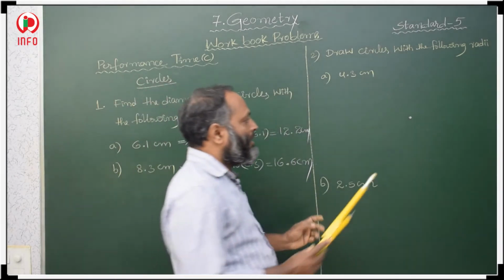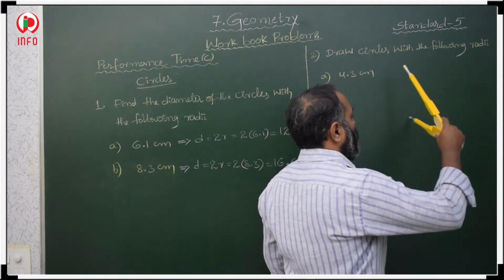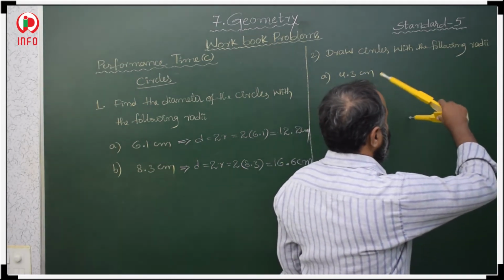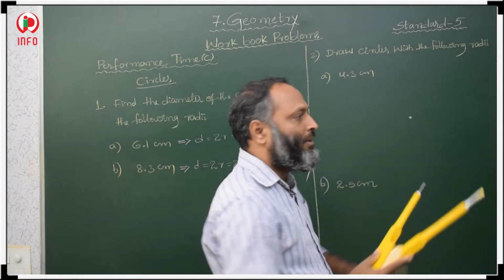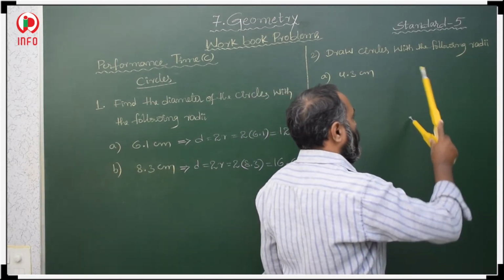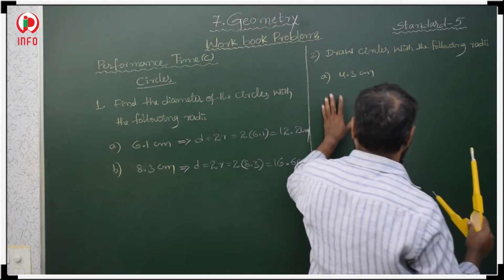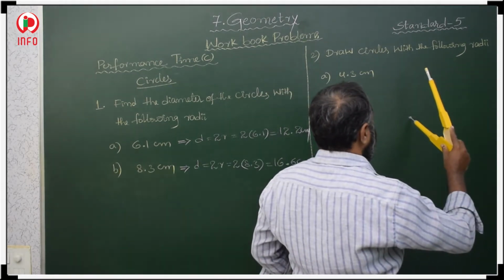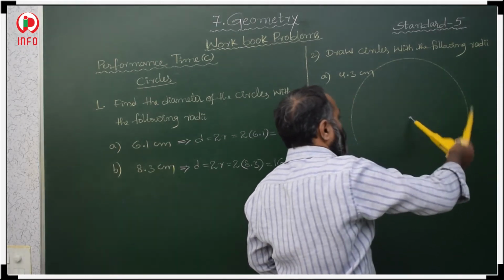Now with this center, we have to keep our compass sharp end here. One sharp end we have to keep on this point, and the other side we have to rotate.